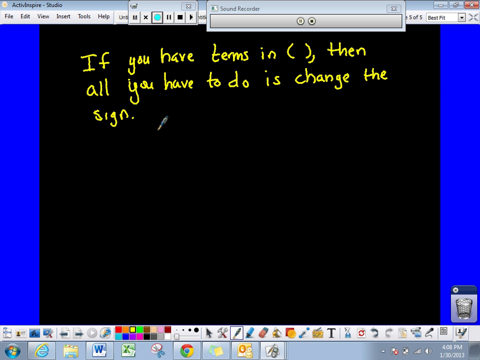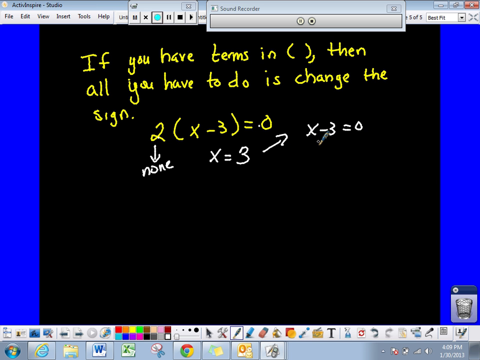So if I have, let's say, 2 parentheses, x minus 3 equals 0, well, we know this is going to be what? None, because 2 can't equal 0. But inside the parentheses, x minus 3 equals 0, so x is going to equal 3. Why is that so? Because x minus 3 equals 0, we add 3 to both sides, we get x equals 3. So all I'm saying is when you see problems like this, you should be able to tell what the 0 is once you factor.